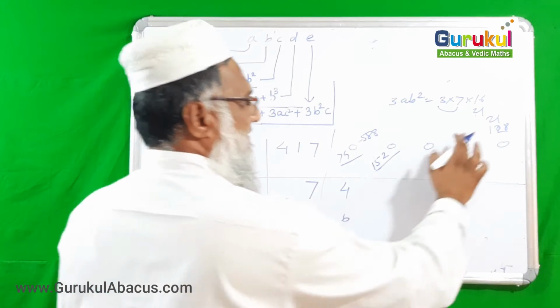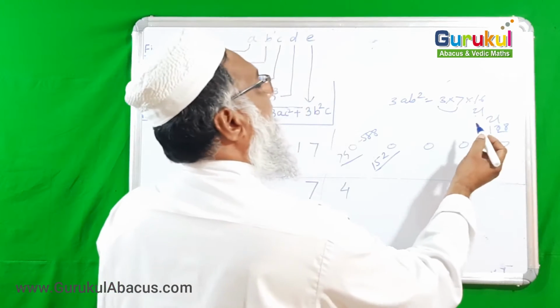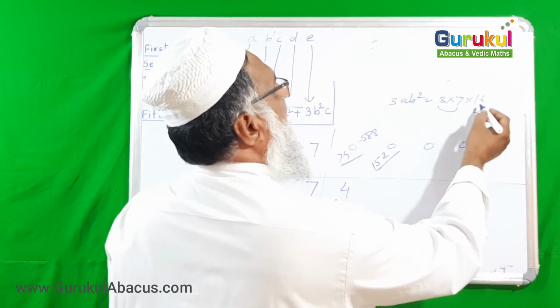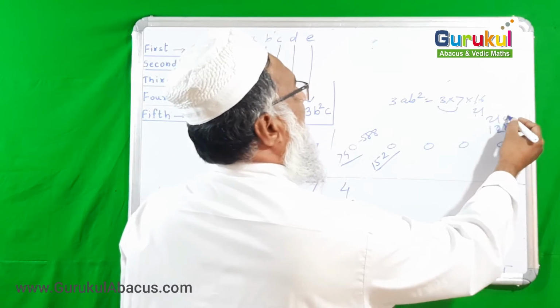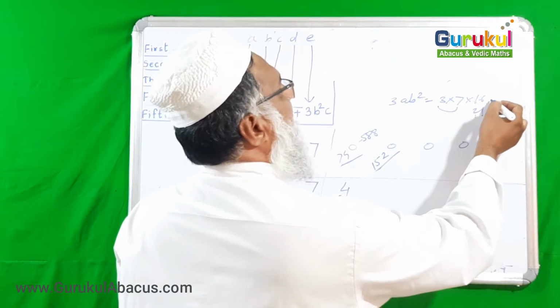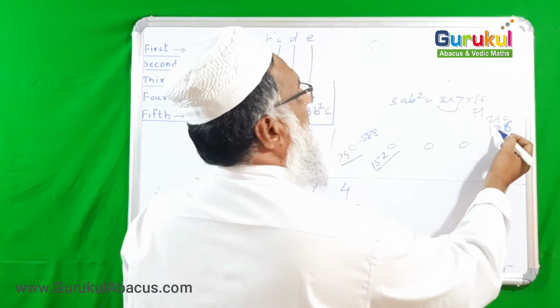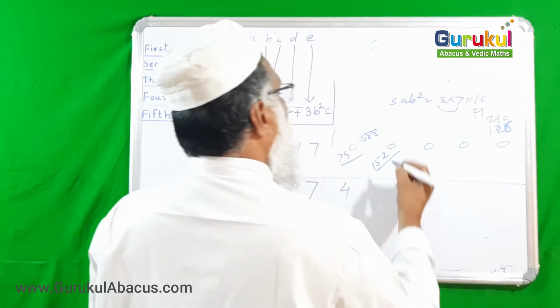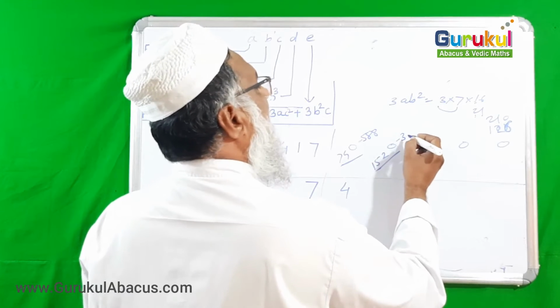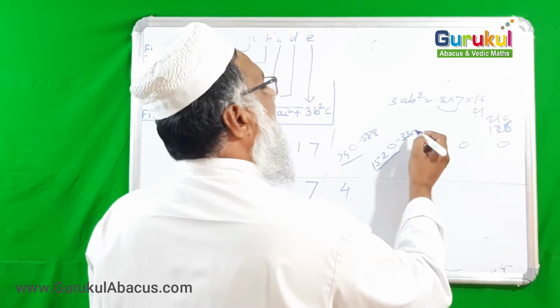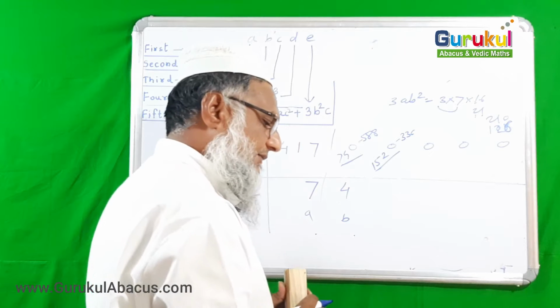Let us check again back. 21 tens are 210 and 21 sixes are 126. Yeah. So here we got 336 to subtract from it.